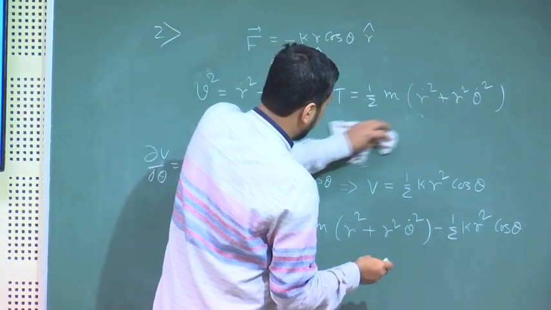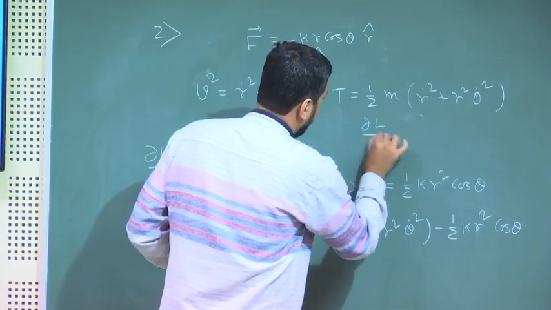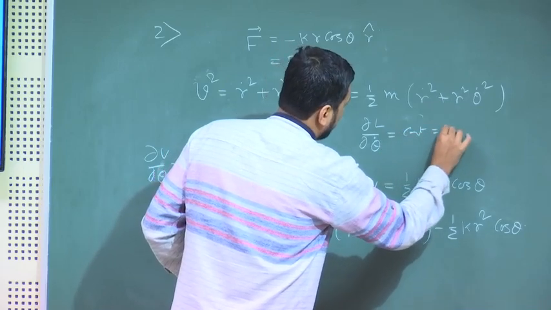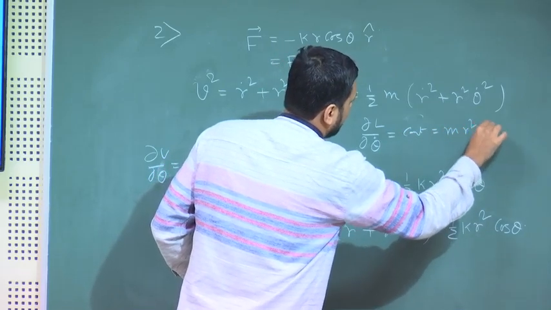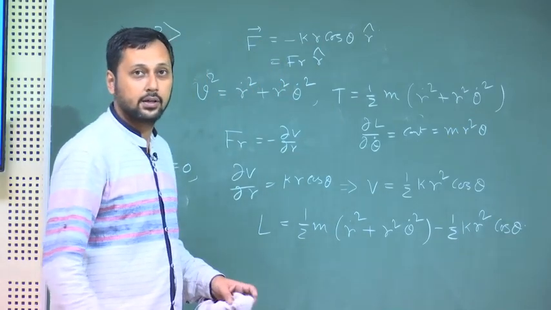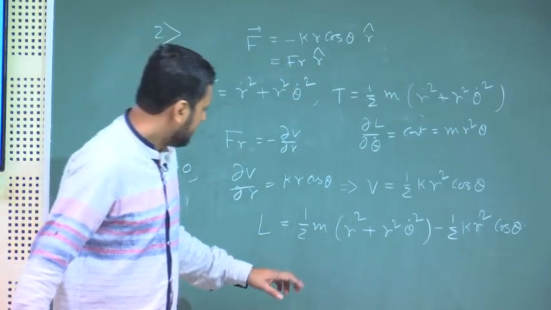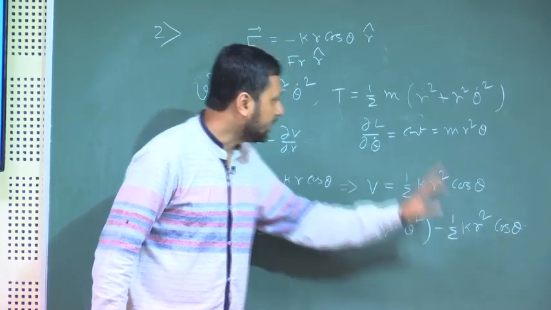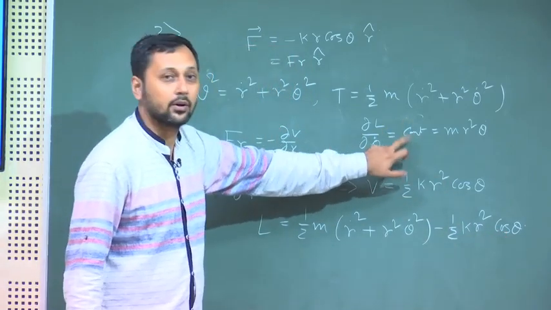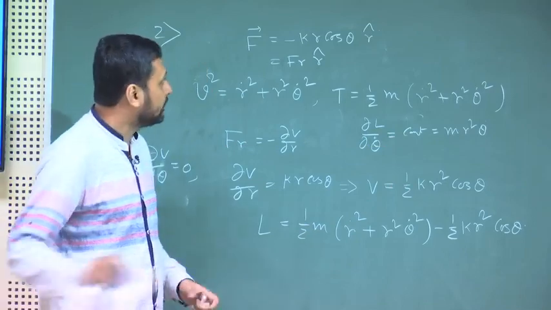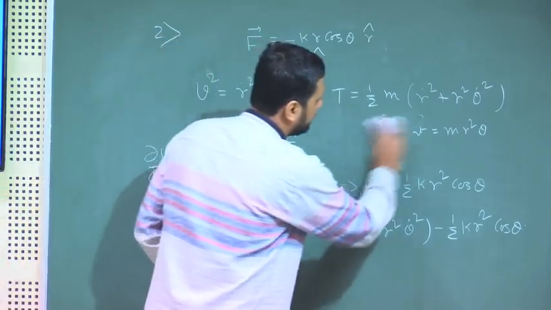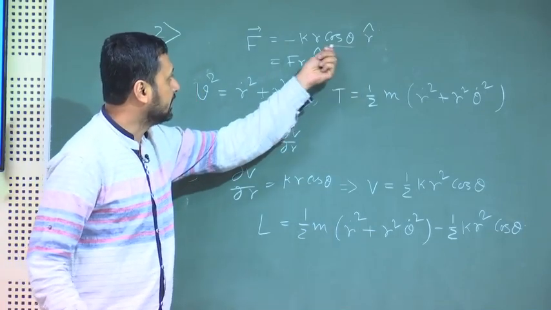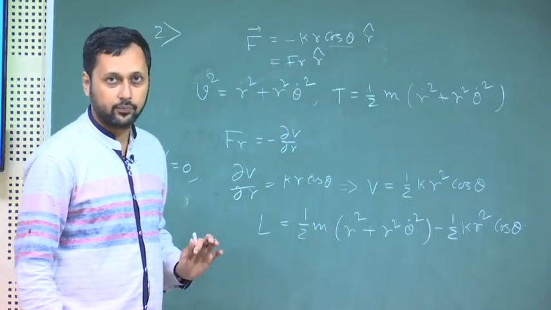So, del L del theta dot was equal to a constant, which was exactly m r square theta dot for a central orbit. But in this case, the Lagrangian is a function of theta. So, del L del theta dot will not be a constant. So, although this force field is radial in nature, because of this theta dependence, it is not a true central force.